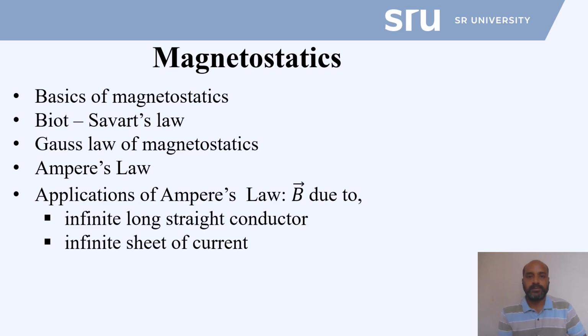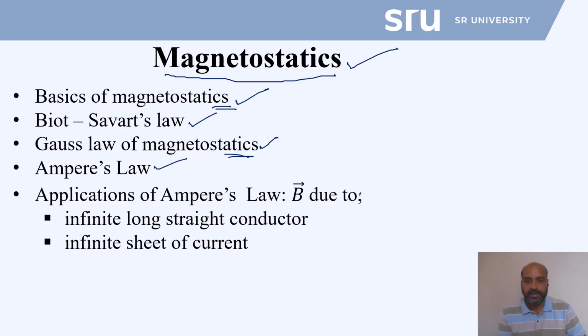Hello everyone. In this video, we'll present magnetostatics, and this presentation includes the basics of magnetostatics, basic definitions, and Biot-Savart law to calculate the magnetic field intensity at a given point, and the Gauss law, Ampere's law, and their applications.